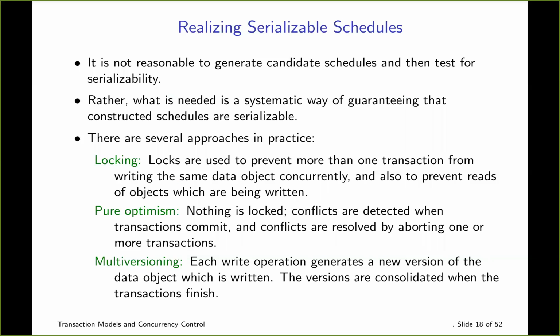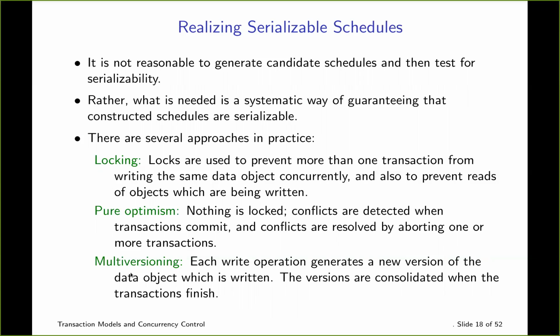No. What we want is something where we can control this as it's unfolding in real time, so that we have a mechanism that guarantees we only allow serializable schedules to come through. All right. So there are several ways to do that, and the primary one we're going to look at, for historic reasons, today is going to be locking. We're going to look at the way that you can enforce this with locks.